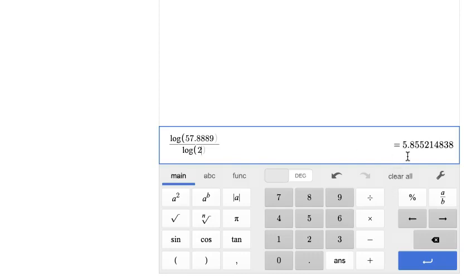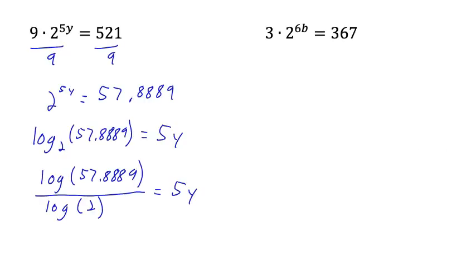And using lots of decimal places, I have 5.8552. And we just need to divide both sides by 5 and get y equals 1.17.